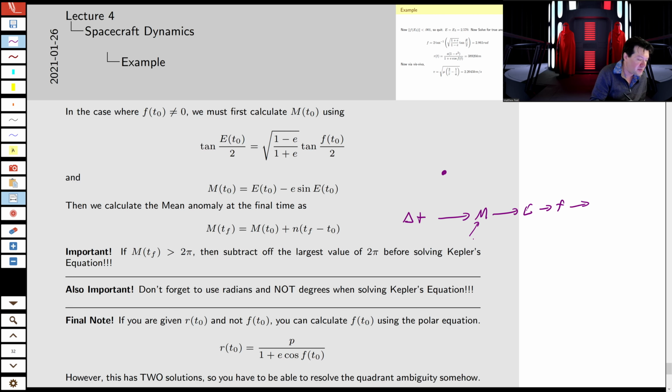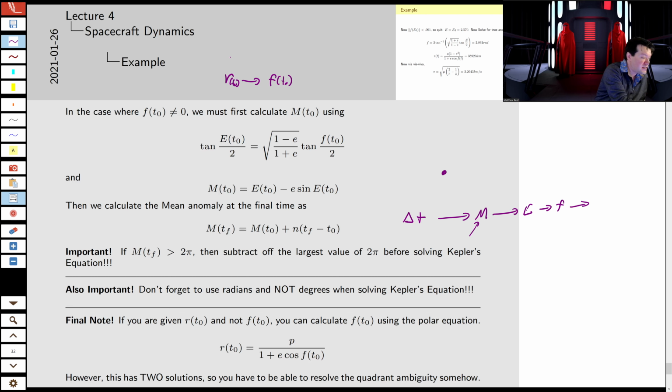So in this case, what we need to do is calculate the mean anomaly by figuring out how far we've progressed in this orbit. There are a couple different cases. One, you can be given the initial radius, and we use that to find our initial true anomaly.